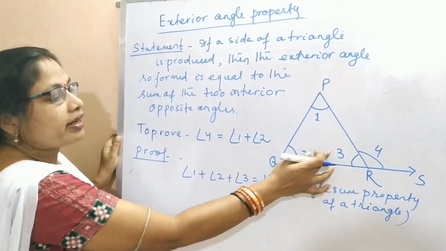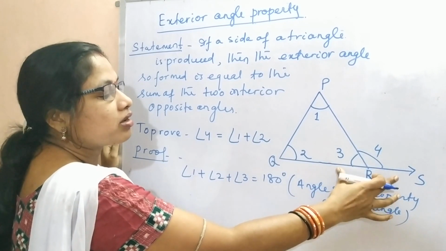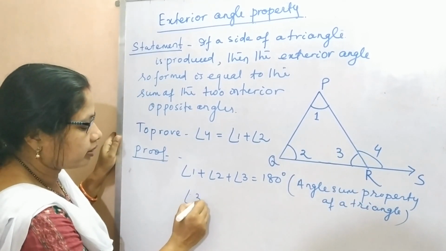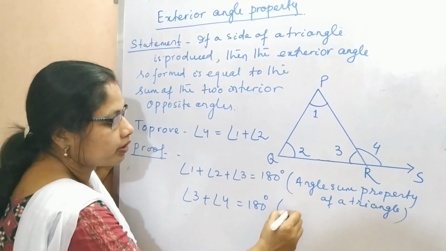And angle 3 and angle 4, these are two adjacent angles on a line, so they are a linear pair. So angle 3 plus angle 4 is equal to 180 degrees, linear pair.